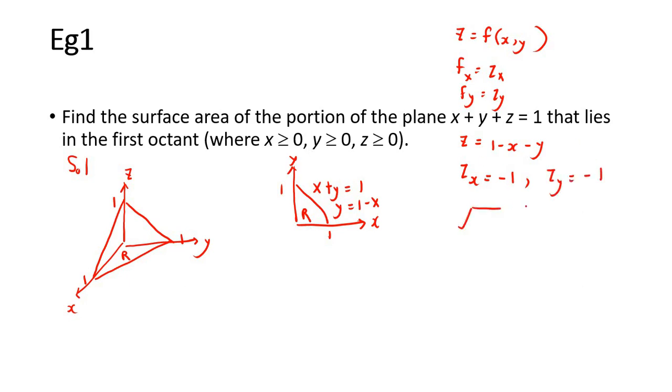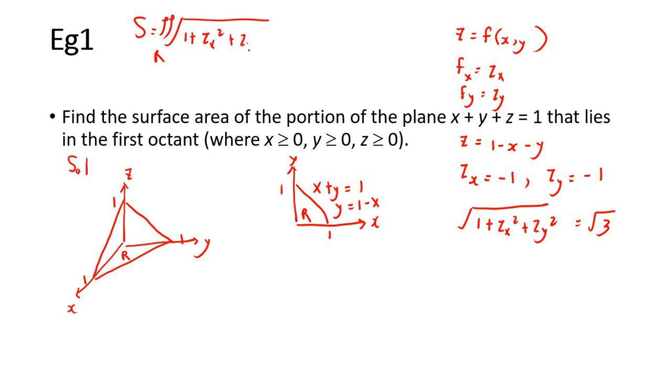That's why 1 + zx squared + zy squared gives 3. Because you have the surface area, it's a double integral over region R of the square root of 1 + zx squared + zy squared dA.